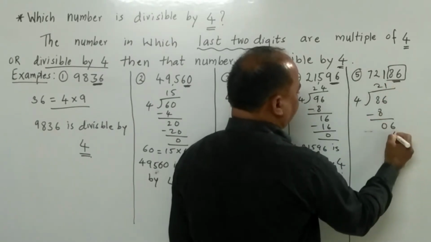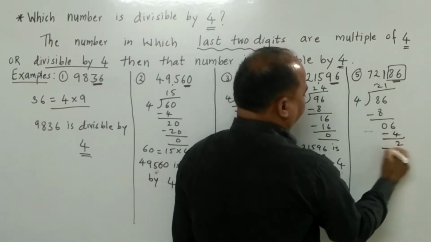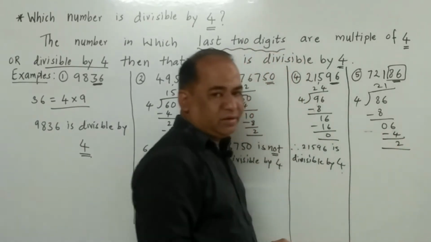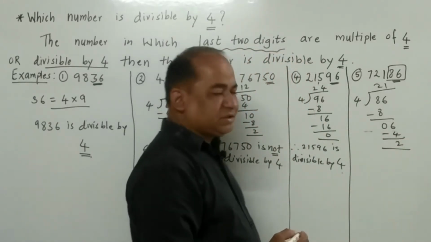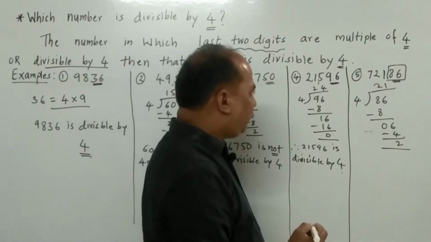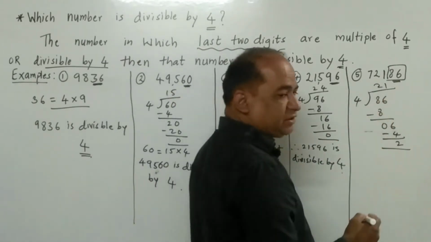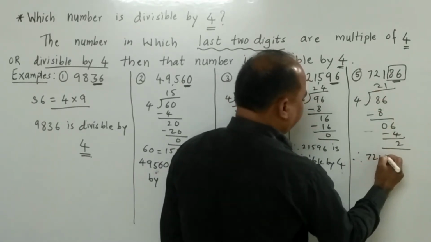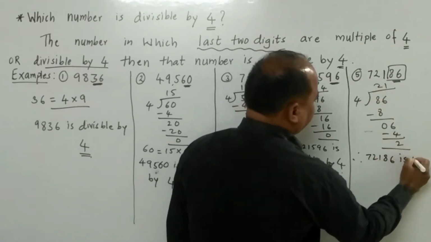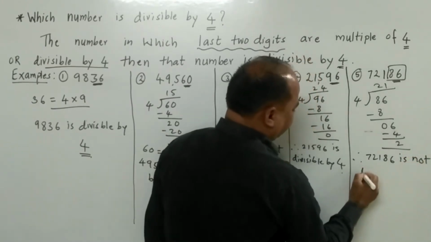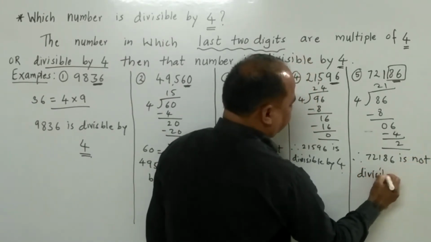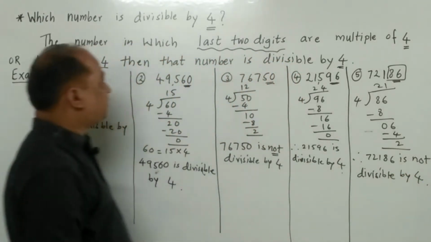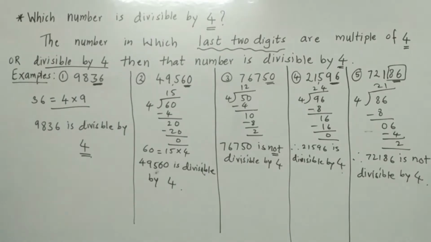Again, 4 ones are 4. 6 minus 4 is 2. So 2 is the remainder. So 86 is not completely divisible by 4. It is not a multiple of 4. Therefore, 72,186 is not divisible by 4. So this was the test of divisibility of 4.